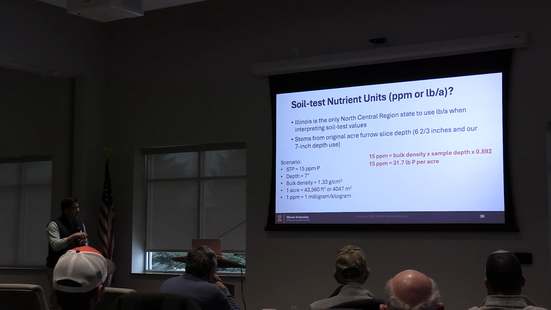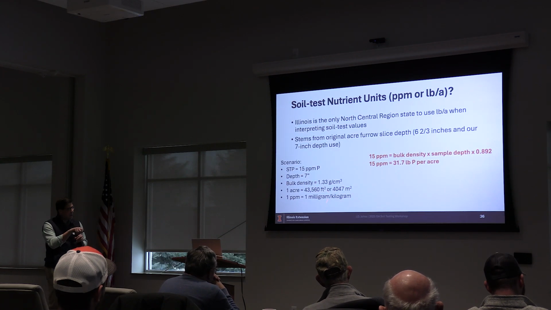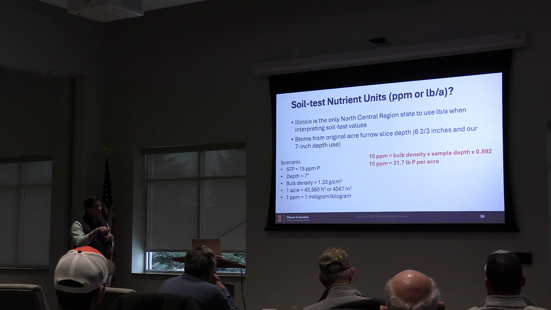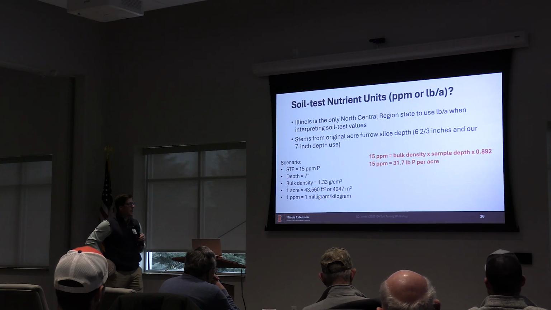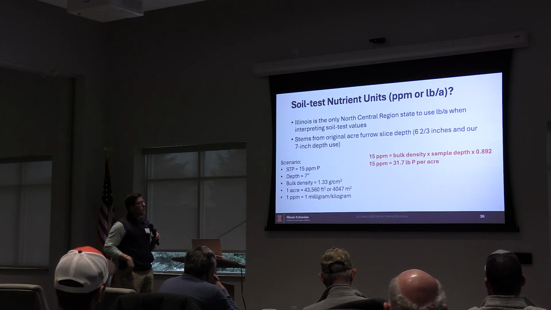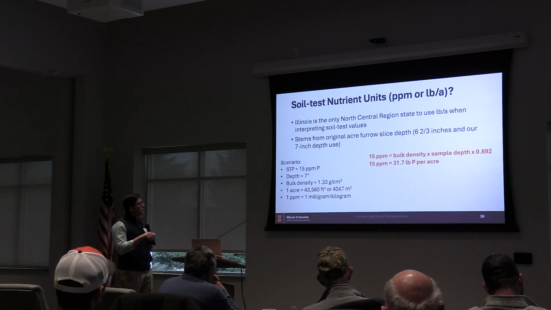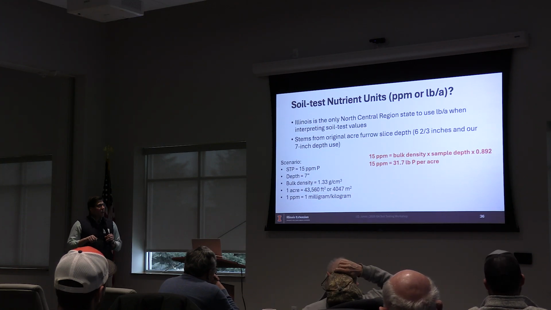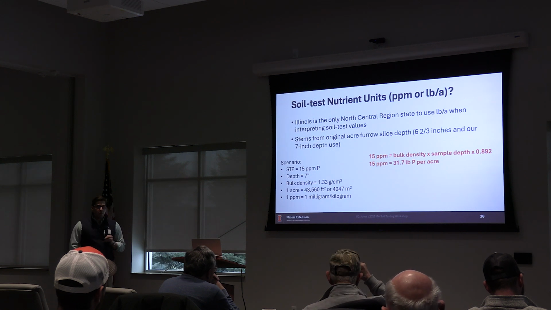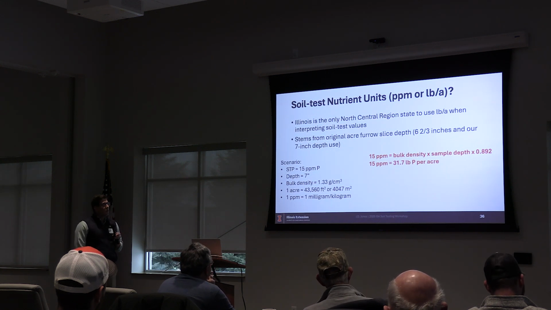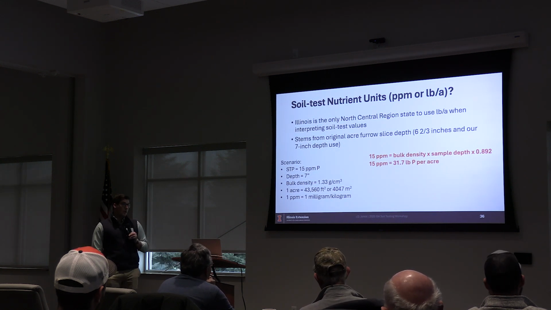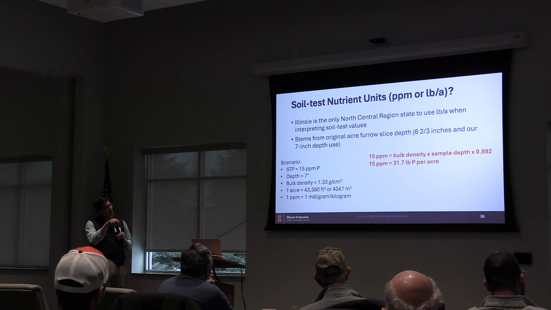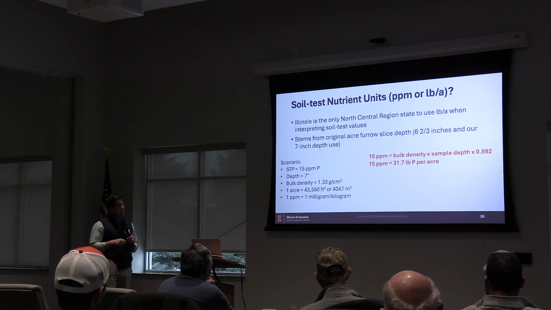And if you take the bulk density, area, and 1 part per million equals 1 milligram per kilogram, that averages out to about 0.892, so it's a coefficient we'll use. So if we're dealing with a 7-inch sample, we have a 15 part per million soil that's measured from the lab, that technically calculates to about 31.7 pounds of P per acre. Not 30, but 31.7. That's due to that 1/3 inch difference across the soil. That's what's leading to that different number.